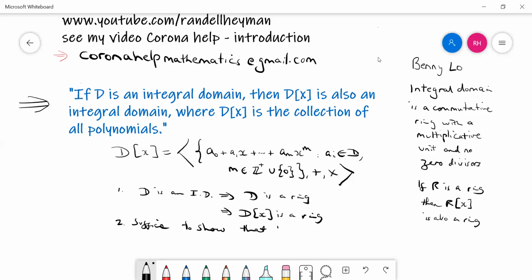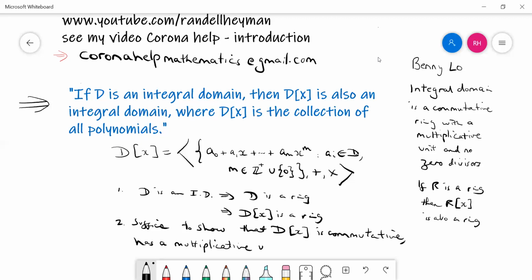that all I've got to show is the extra three things. Now I've shown D[x] is a ring. Now I've just got to show that D[x] is commutative. We better also show that it has a multiplicative unit. Remember, that's just a number like 1 that when you multiply by a polynomial, you get the same polynomial.